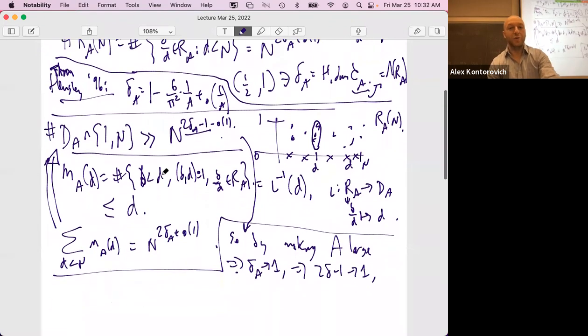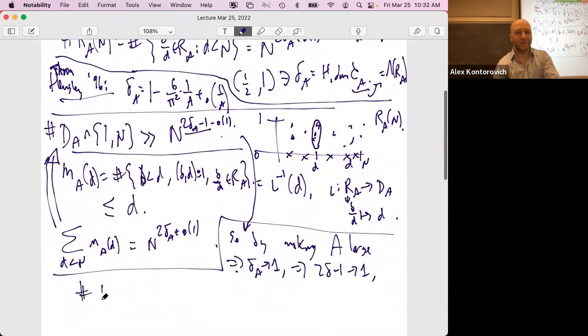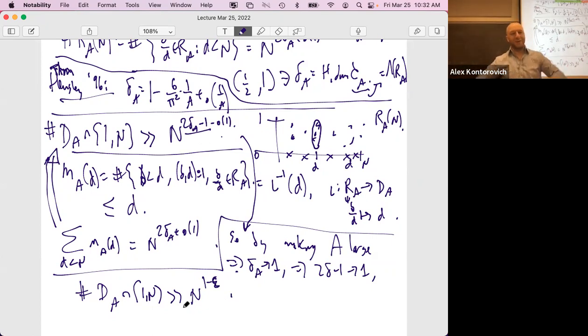You get N. The number of d's of size N is at least N to the 1 minus epsilon, for your favorite epsilon. So we can create lots and lots of d's, but this is still very far from even a positive proportion.